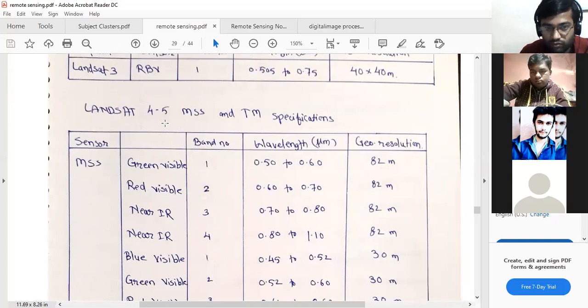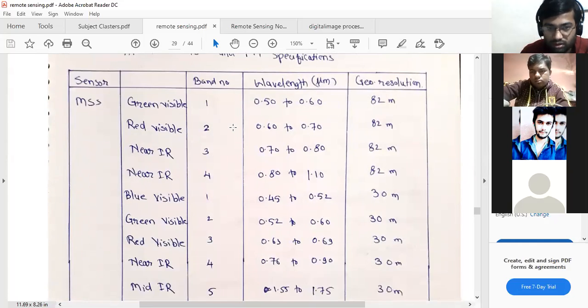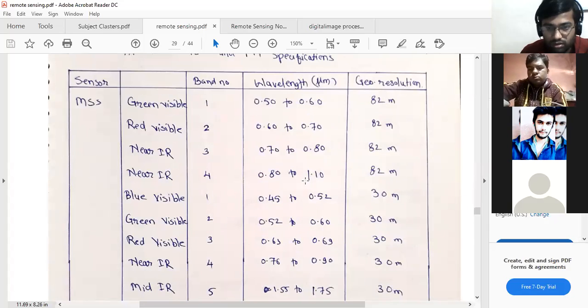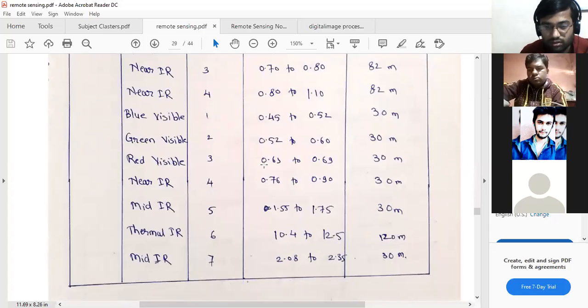Then Landsat 4, 5, in which we are using multispectral scanning and thematic mapping. We have so many bands, the wavelength for each band, and resolution: 82 meter, 30 meter, 30 meter, and so on. It is a bit boring, but have patience for 5 minutes.